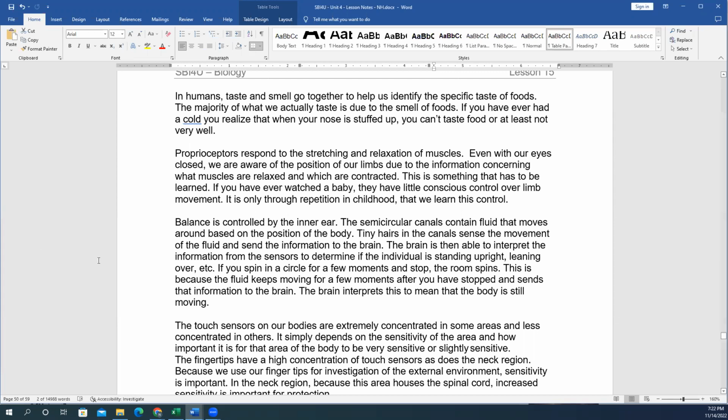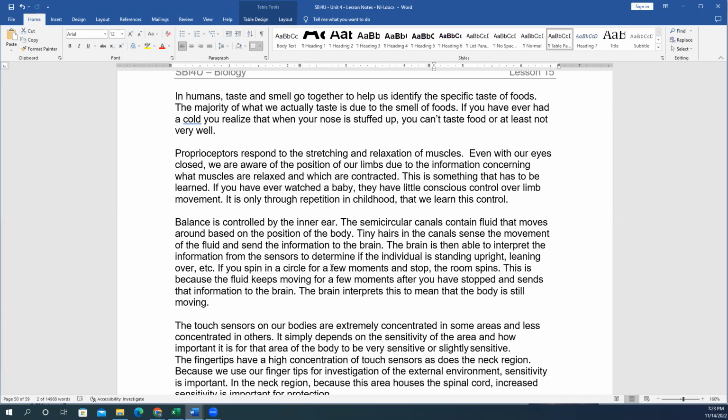Then we have proprioceptors, which respond to stretching and relaxation of muscles. And even with our eyes closed, we are actually quite aware of the position of our limbs due to the information that we receive from which muscles are relaxed and which muscles are contracted. And this is something that sometimes has to be learned.